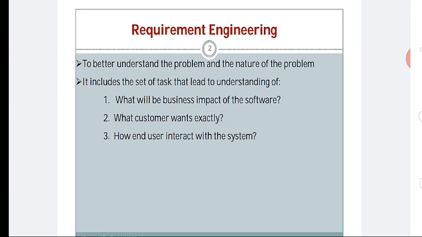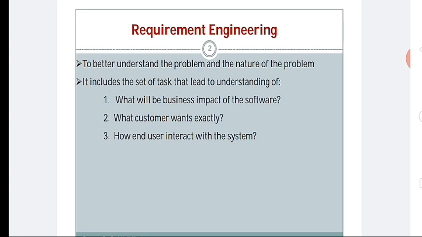Then, how the end user interacts with the system. Users means those people who actually use that system. So the customer's point of view towards the software has to be analyzed in the initial stage. That is also a task of requirement engineering.